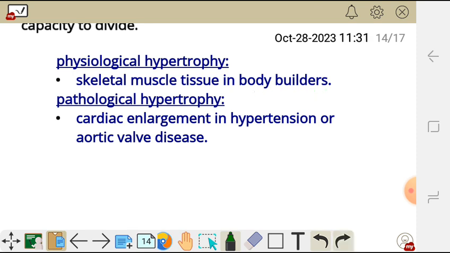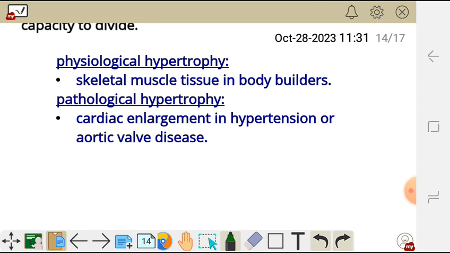That is an example of physiological hypertrophy. It's a normal thing, not abnormal. When you talk about physiological, it means it's a normal thing.